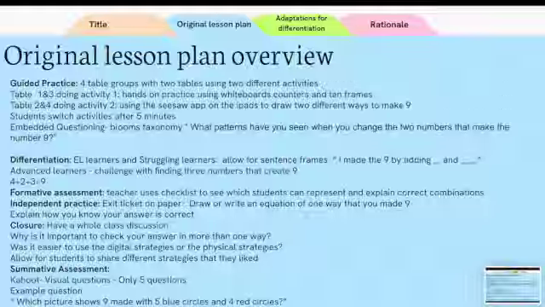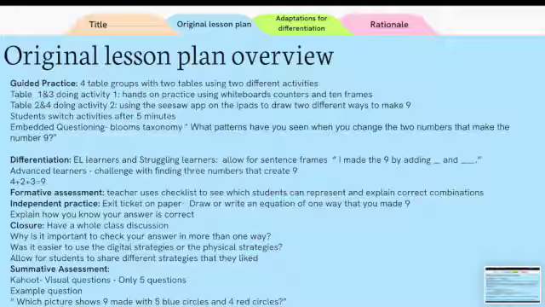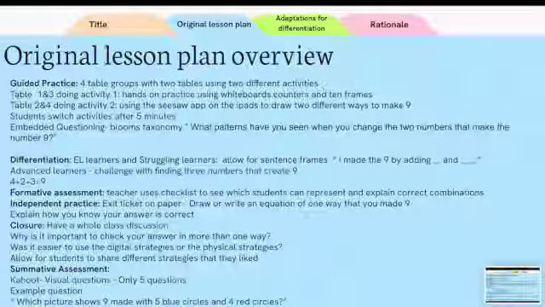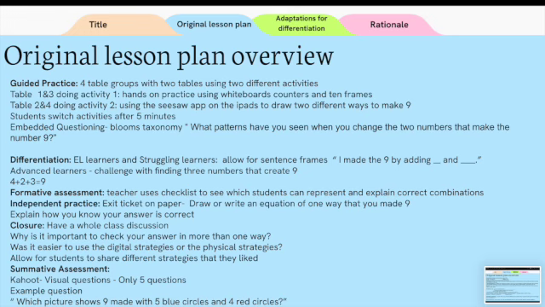For our formative assessment, the teacher uses a checklist to see what students can represent and correctly explain number combinations. For independent practice, the students have an exit ticket. They draw or write the equation, one of the ways that they made 9, and then they explain how they got the correct answer.